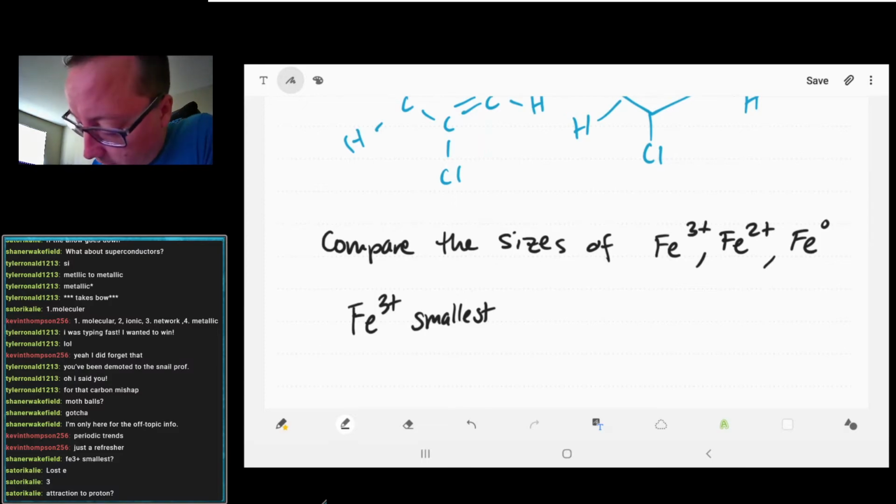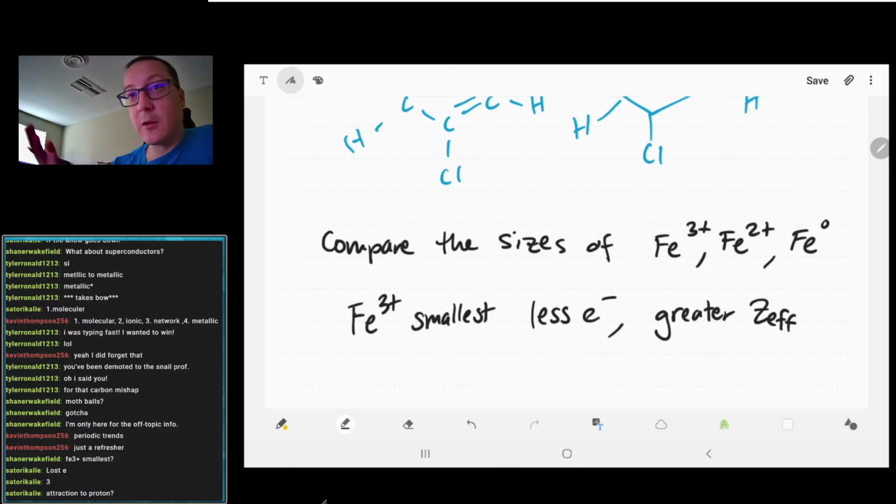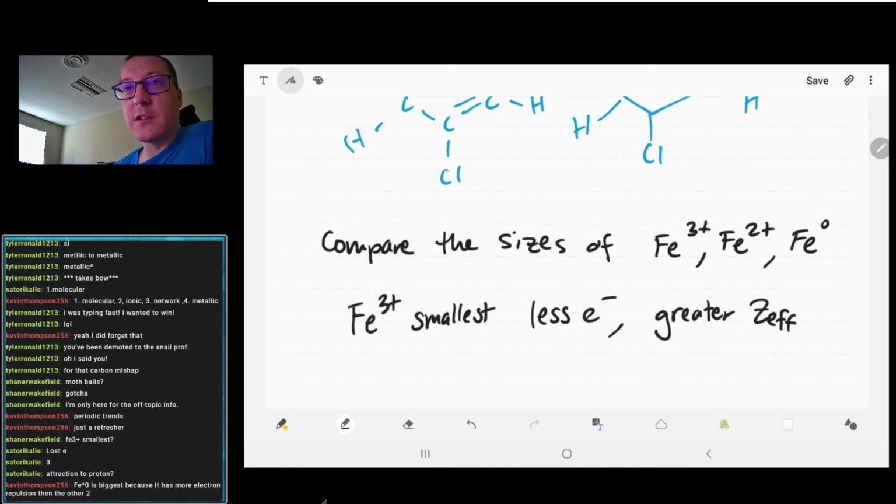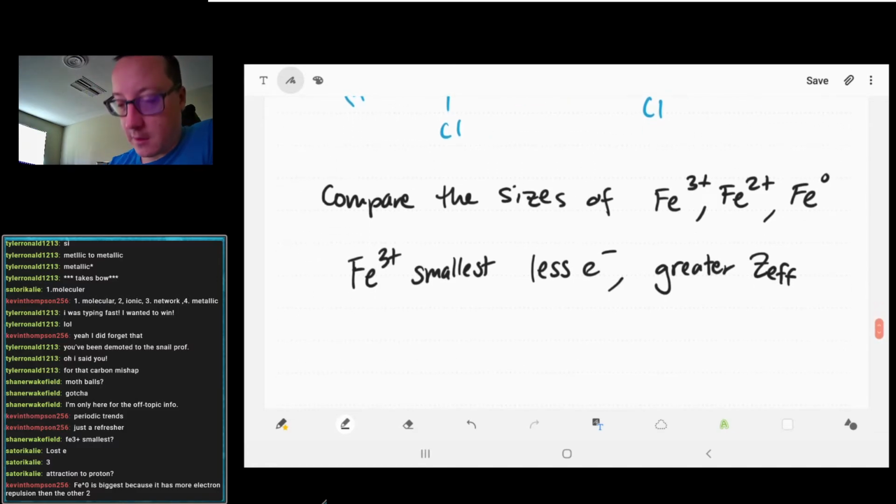So we have less electrons, and so we have a greater effective nuclear charge. Because the other electrons are attracted to the nucleus, they're going to shrink down. So, absolutely. Okay, so Kevin has said the neutral one, which I'm going to mark with a 0 just so we see that it's neutral, is going to be the largest.